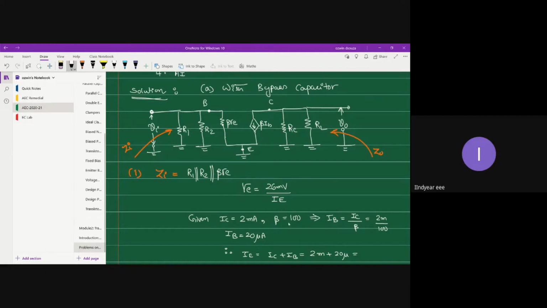Okay. So that's 2.02 milliampere. So that is your emitter current. Okay. So then your RE becomes 26 milli divided by 2.02 milli. So that is 12.87. Are you getting it, guys? 12.87.